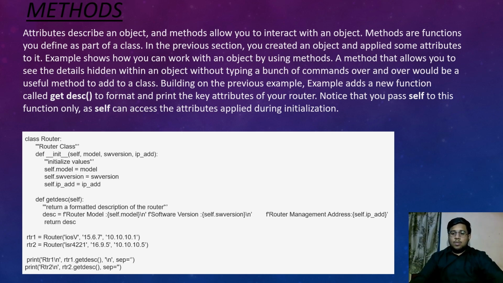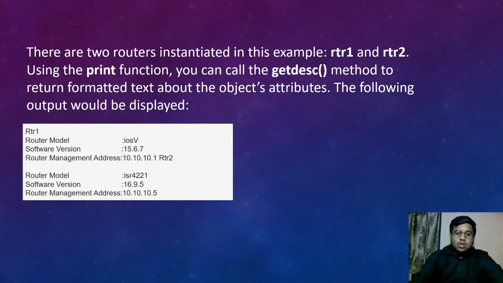Notice that you pass self to this function only, as self can access the attributes applied during initialization. There are two routers initiated in the example, RTR1 and RTR2. Using the print function, you can call the getDisk method to return the formatted text about the object's attributes. The following output would be displayed.